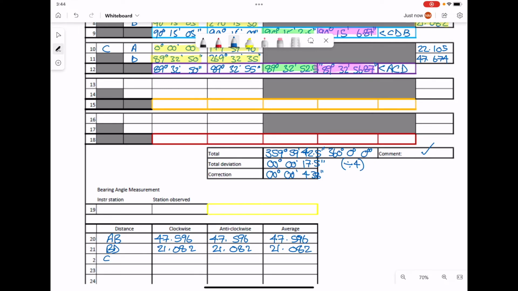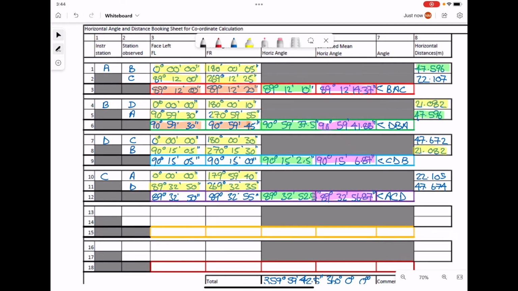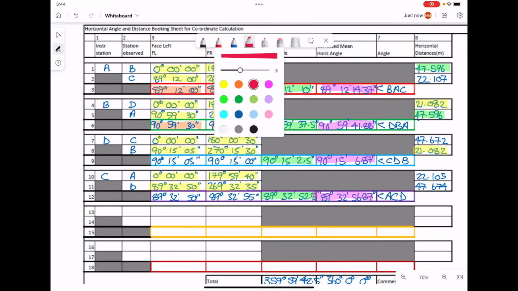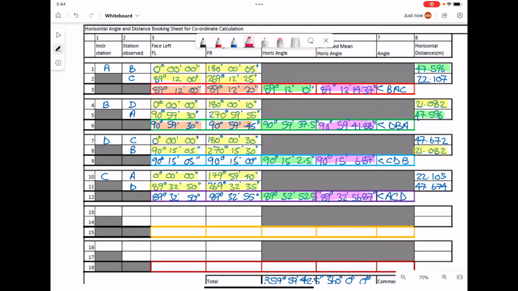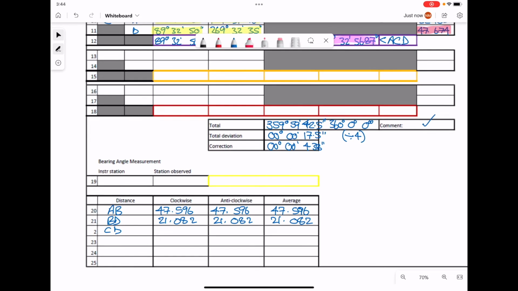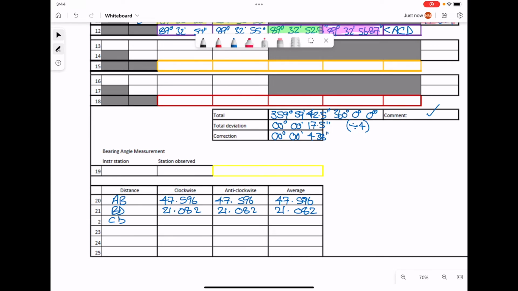Next, we're going to look at distances C to D, 47.672 and 47.674. You'll record these 2 distances.